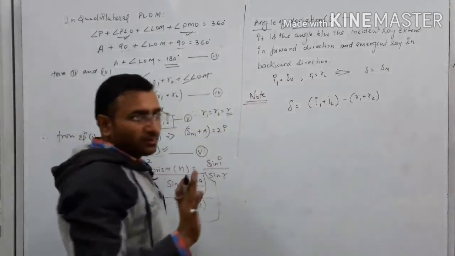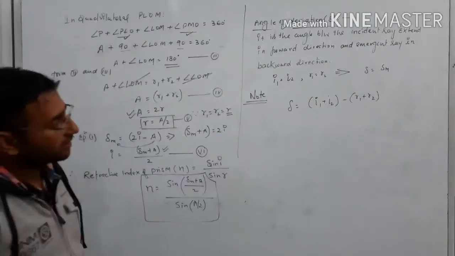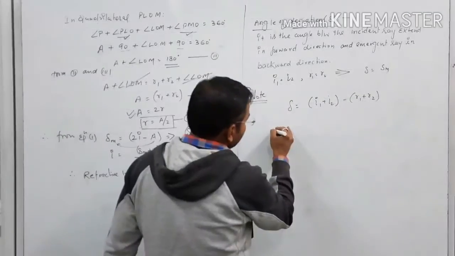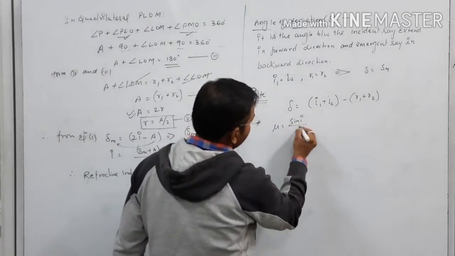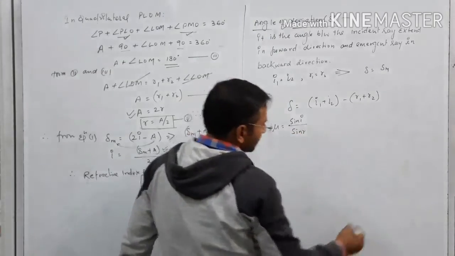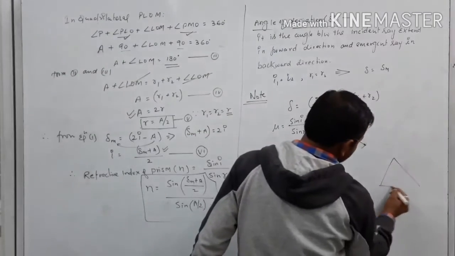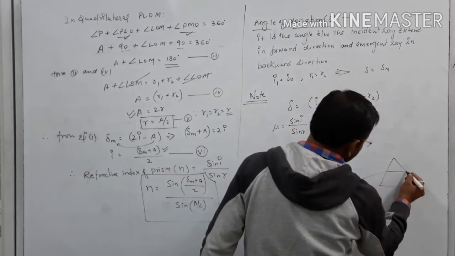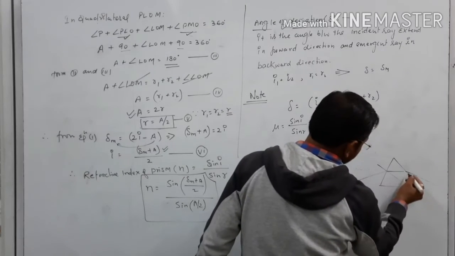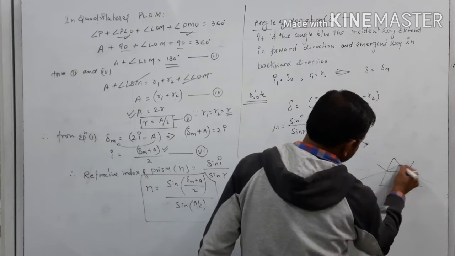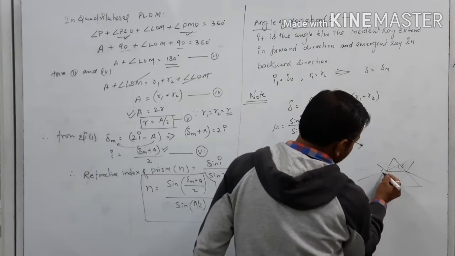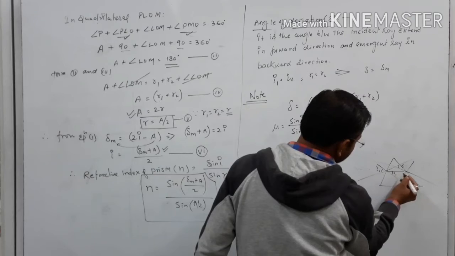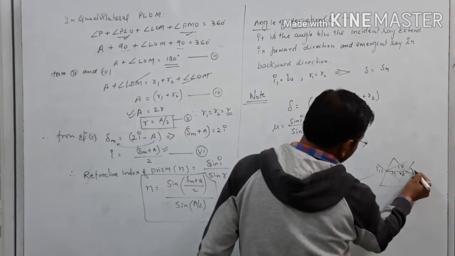Now when we talk about Snell's law, mu is equal to sine I by sine R. You can see the diagram once again as I have drawn here. These are the normals and this is the angle of deviation. See here, I1 is here, R1 is here, R2 and I2.